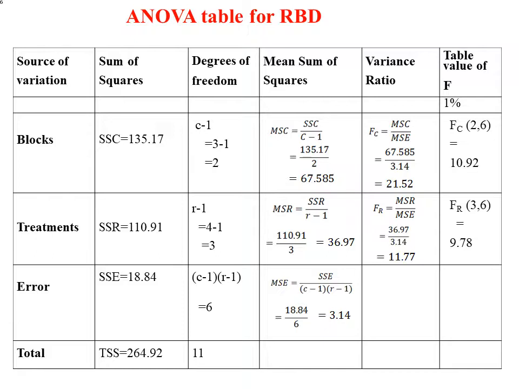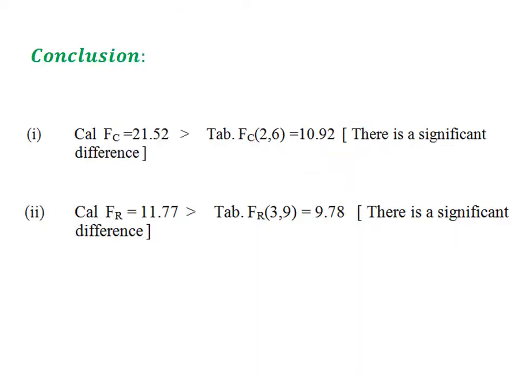Both are greater than the tabular value. Then what is the conclusion? This is the conclusion. Calculated FC is greater than tabular F. So therefore there is a significant difference for both column wise as well as row. With respect to row as well as detergents, the cleanliness will change. This is the conclusion.